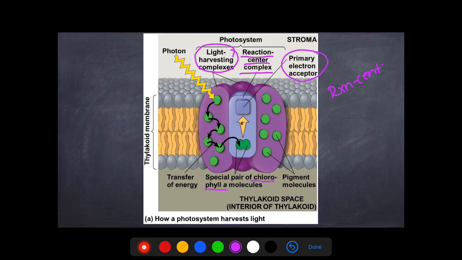So just make sure you know that. I'll write that on this side. So a reaction center complex is made up of a primary electron acceptor, which is this purple thing here, plus it's made up of two chlorophyll A molecules.